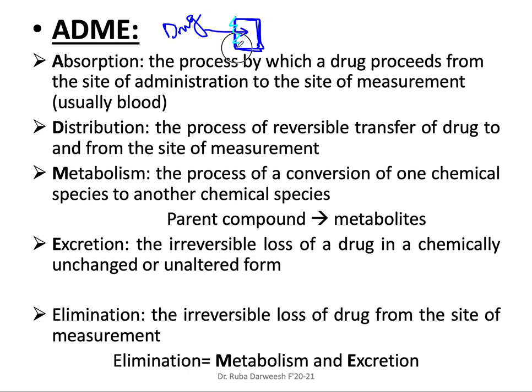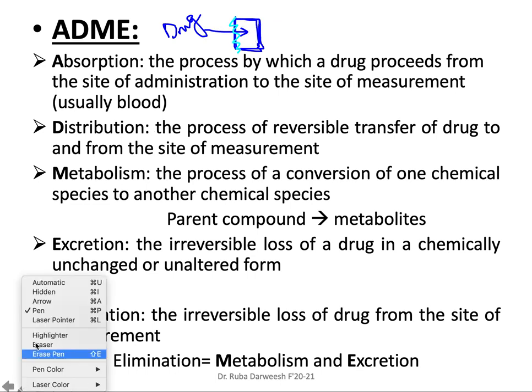Let's consider those our membranes. If we are talking about oral, mainly we are considering the GI, but we may have other membranes. But it's the process by which the drug proceeds from the site of administration to the site of measurement.